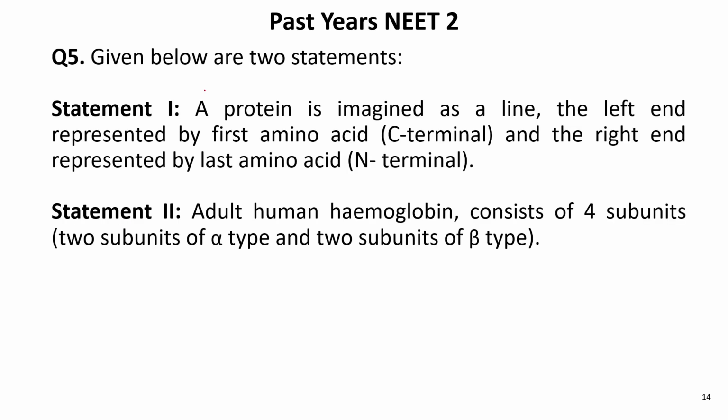Next question. Given below are the two statements. A protein is imagined as a line, the left end represented by the first amino acid, that is the C terminal, and the right end represented by the last amino acid, that is the N terminal.